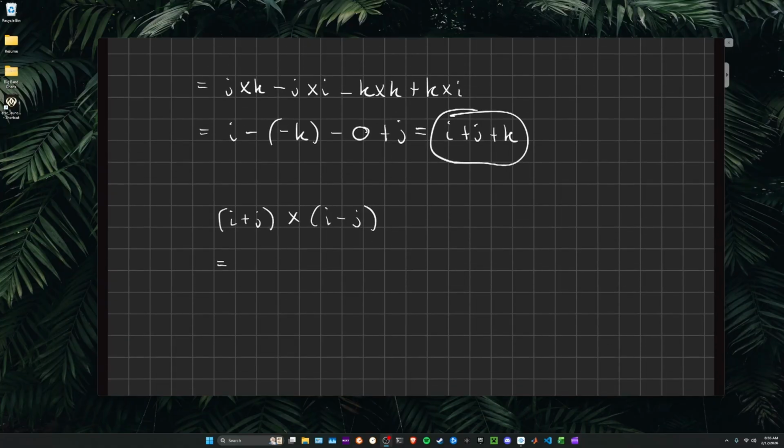So this will be I crossed with I minus I crossed with J plus J crossed with I, and then minus J crossed with J. Okay, so we'd have 0 minus K plus negative K, again anti-commutative property, and then J cross J will give us 0. So this would just be negative 2K.